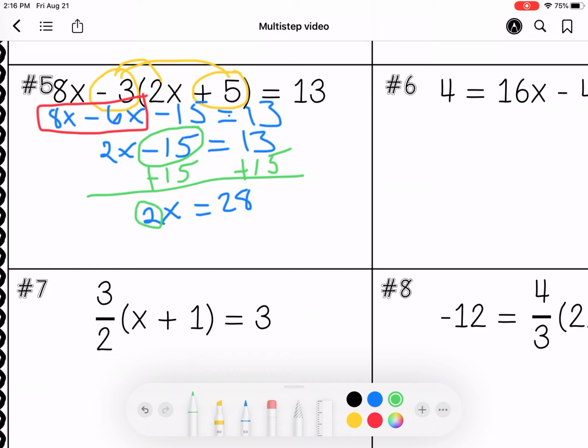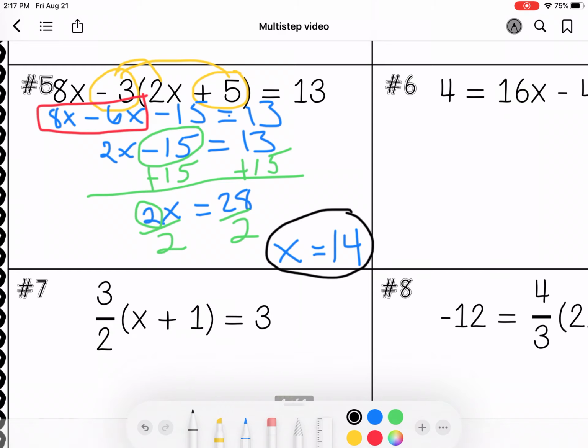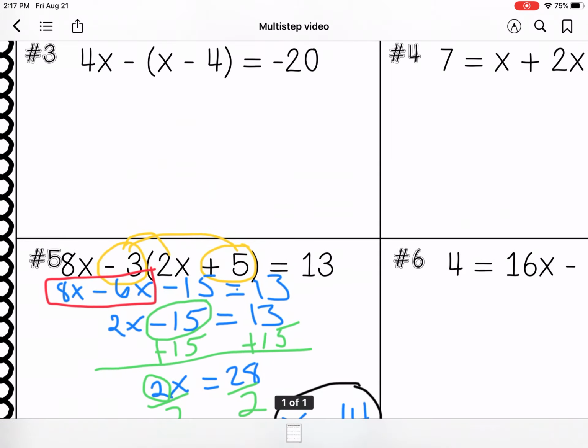Our coefficient is 2, so we divide by 2. And we're left with x is equal to 14. And that is our final answer. And as always, if you're in doubt, you can substitute 14 in for x and work it out to make sure that you're correct.